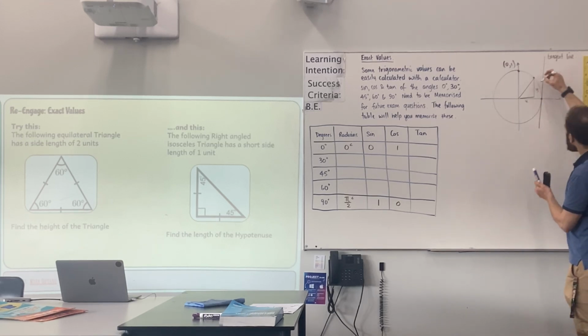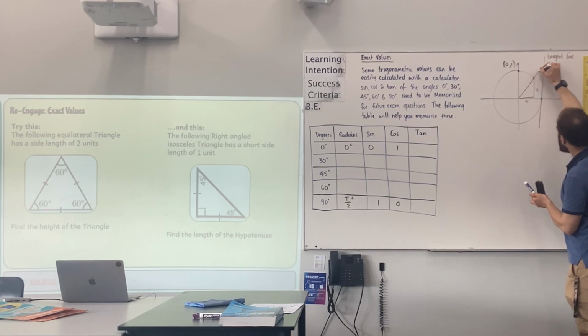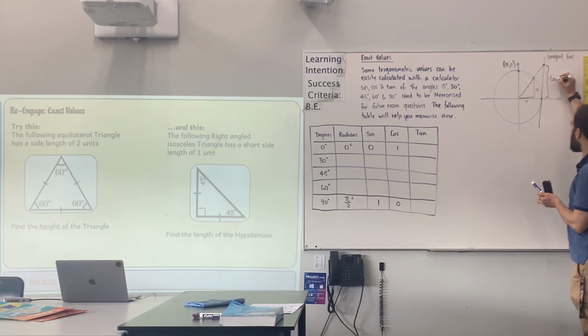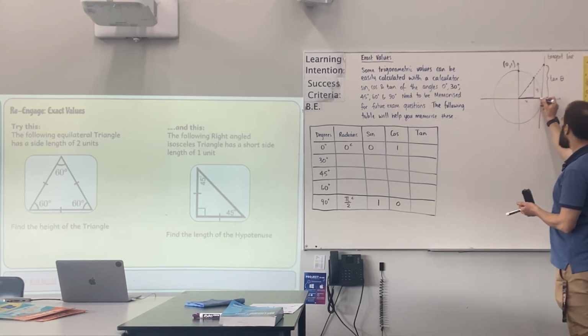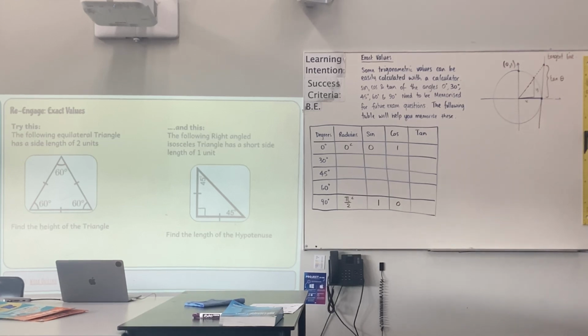And if I extend this point up to where it hits the tangent line, that length there is what we call tan theta. So if my angle was 0 degrees, and I was at that point there, what would tan be? It would also be 0.